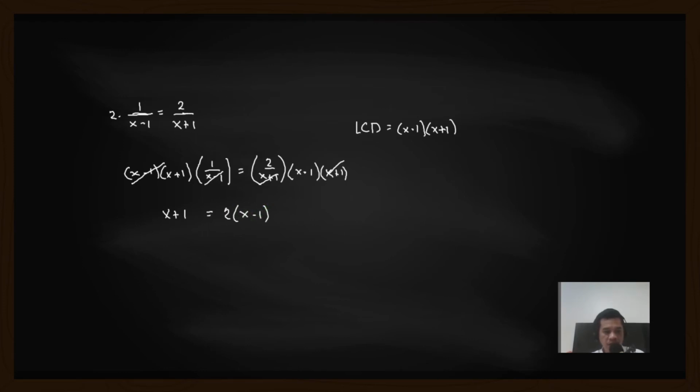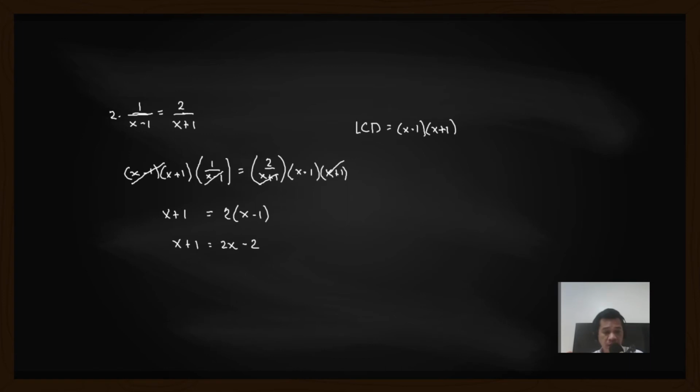Okay. So, as you can see, we already transformed it to non-fractional form. So, we can now solve for the value of x. So, copy x plus 1 and then multiply. Distribute natin itong 2 to each of the terms. So, 2 times x, that is 2x. And then 2 times negative 1, that is negative 2.